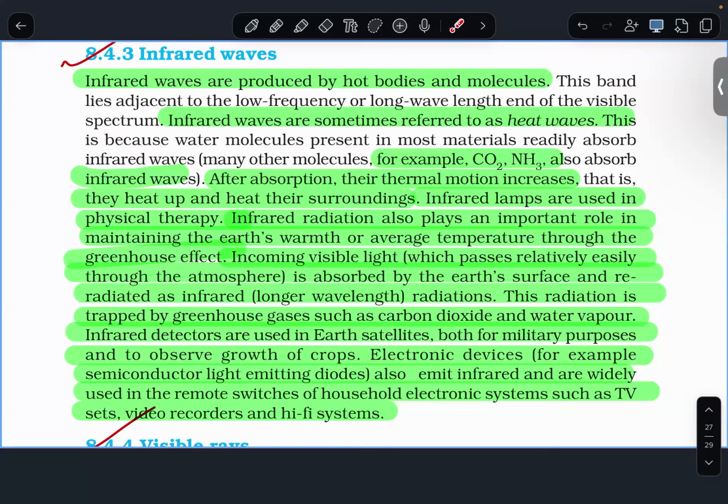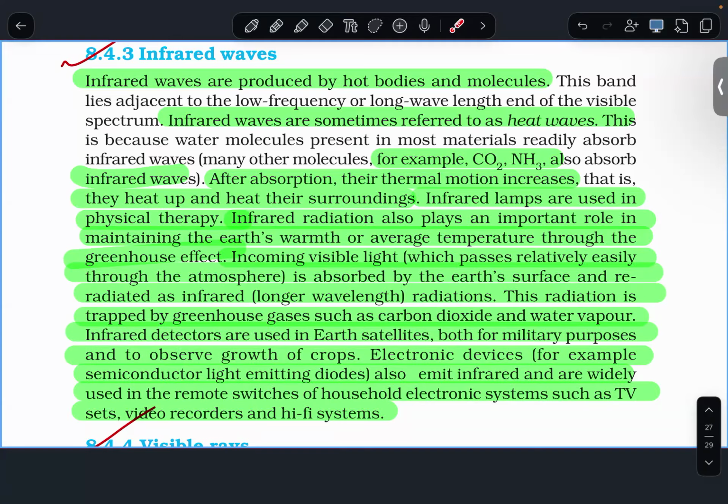Infrared radiation also plays an important role in maintaining the Earth's warmth, or average temperature, through the greenhouse effect. See how temperature is maintained. For example, on the moon, one side the temperature is somewhere around 45, 50, or sometimes 80, and the other side it is minus 240.